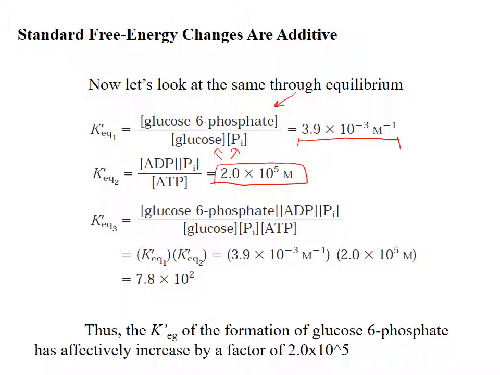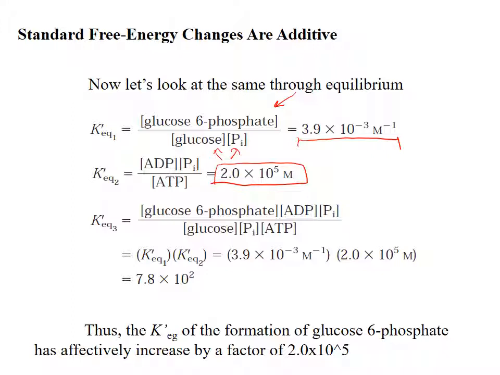Now the overall equilibrium reaction 3, which is the sum of the two reactions, is glucose 6-phosphate times ADP times phosphate over glucose times phosphate times ATP.